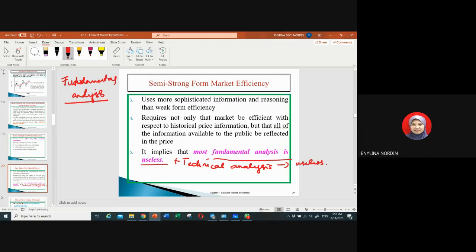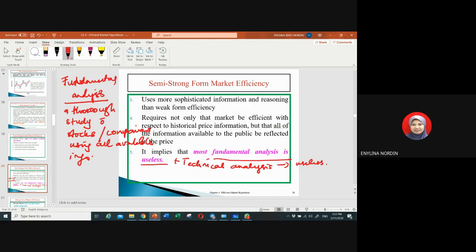It is a thorough study, that means a complete study about the company from A to Z, using all available information.